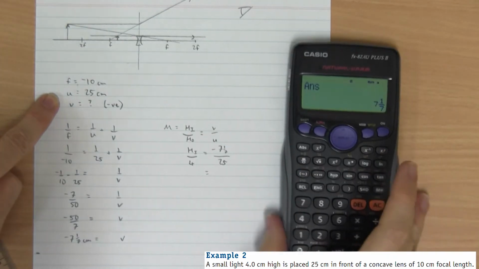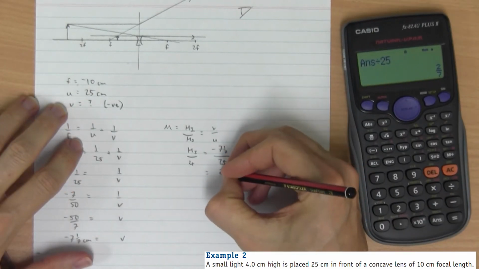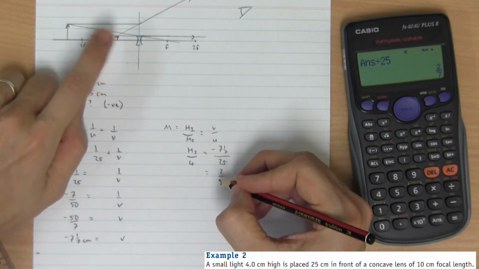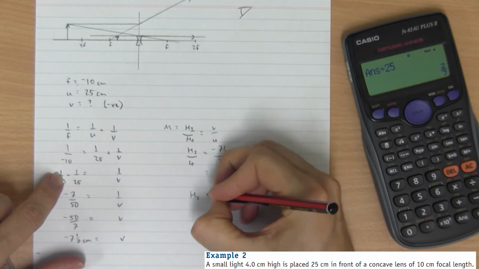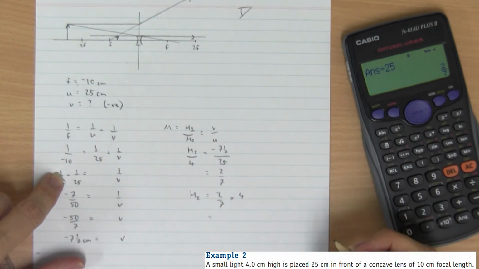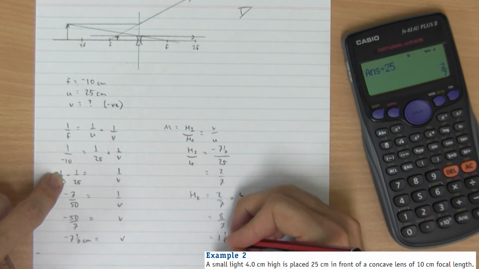So 7 1/7 divided by 25 is 2/7. That's the magnification, much smaller. So the height of the image is 2/7 of 4, which is 8/7, or 1 1/7.